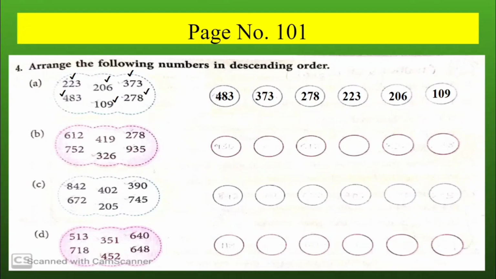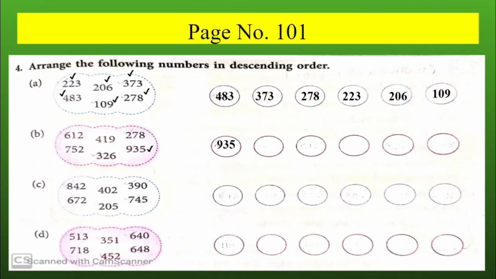Now we have to arrange these numbers in the descending order, that is from the greatest to the smallest number. Now which number is the greatest among all these numbers? Yes, 935 is the greatest number. So we will write 935 and start arranging the numbers in the descending order.